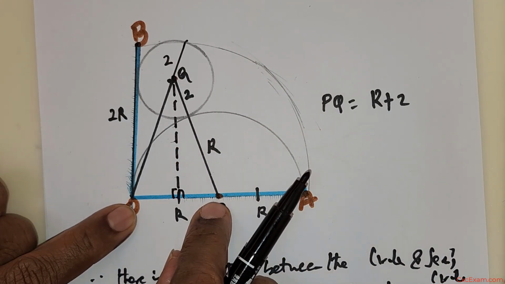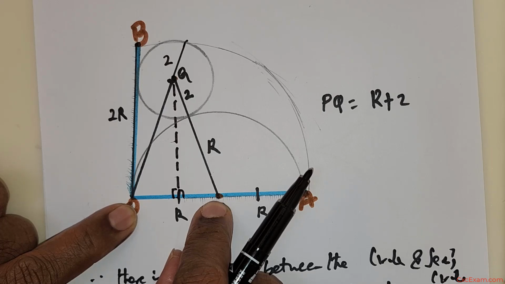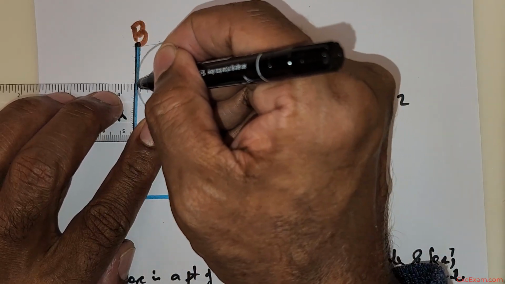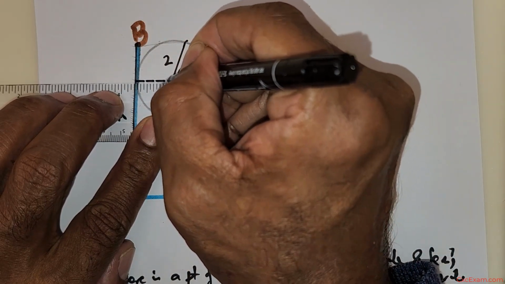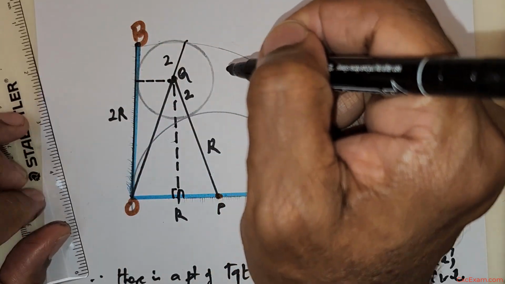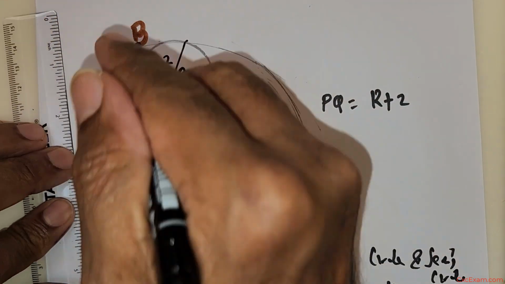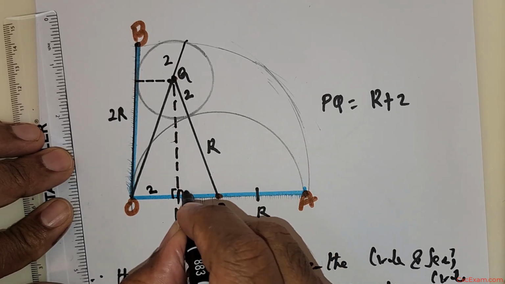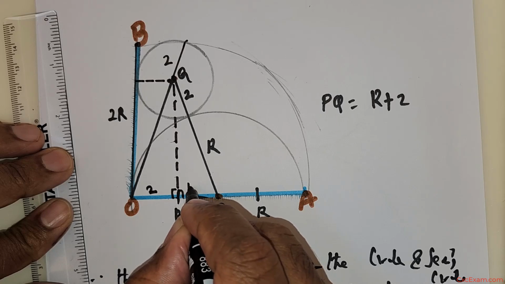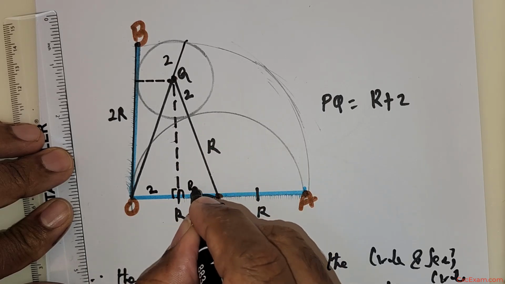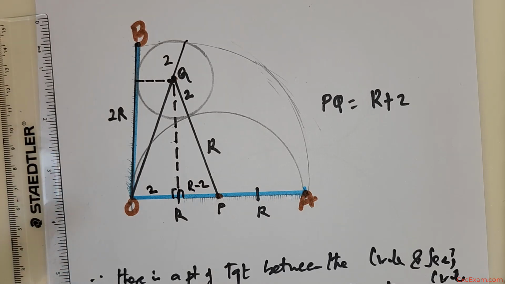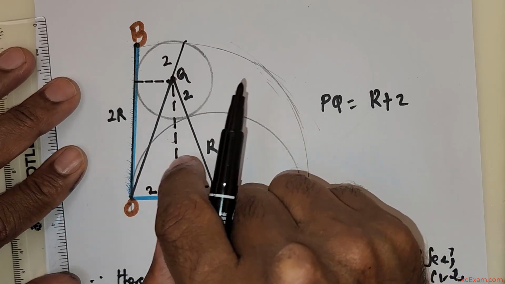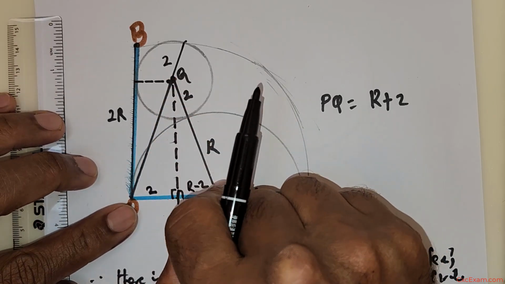Now this entire length is R, and clearly this distance is actually the radius, right? It's perpendicular to the point of tangency. There is also a point of tangency here. So this entire length is going to be 2. If this is R, this distance is going to be R minus 2.